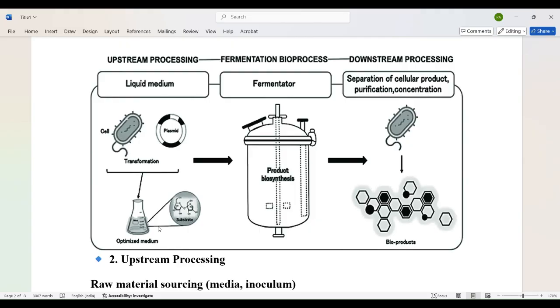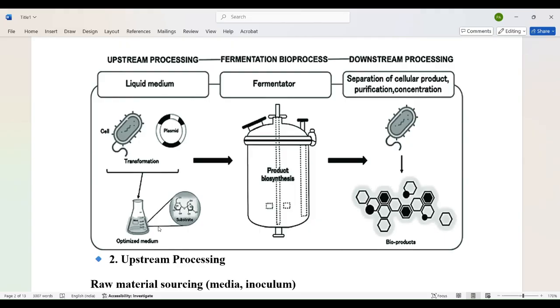So in either of the ways, the end goal is minimal media and minimal cost of raw materials, and the optimizing parameters, physicochemical parameters, pH, temperature, and agitation, and all. These should be all so much minimum, and the product should be of higher yield. That is the goal of a bioprocess engineer.